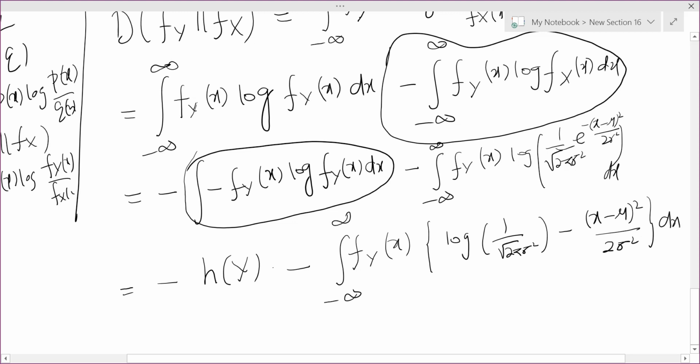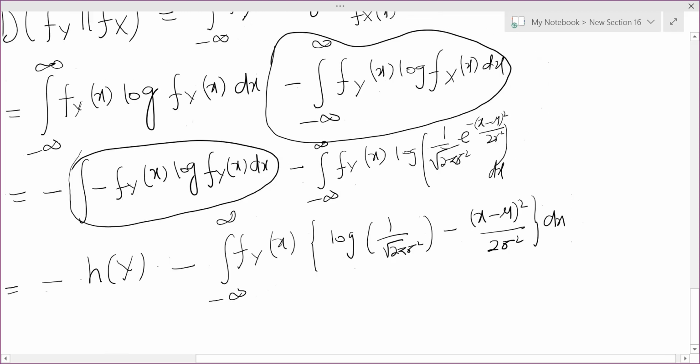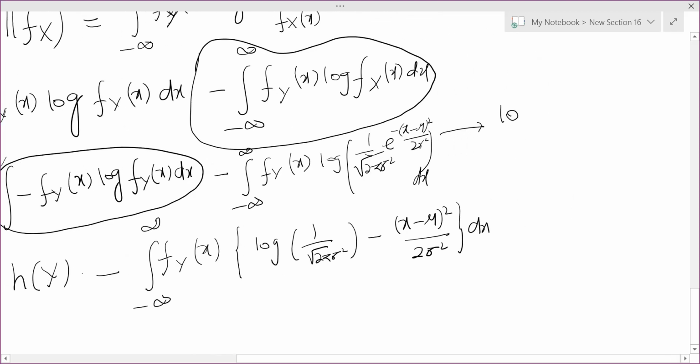I have just applied the formula log of ab is equal to log of a plus log of b. And the other thing I have applied, we have to be very careful, log of e to the power minus (x minus mu) square divided by 2 sigma square will be minus (x minus mu) square divided by 2 sigma square.